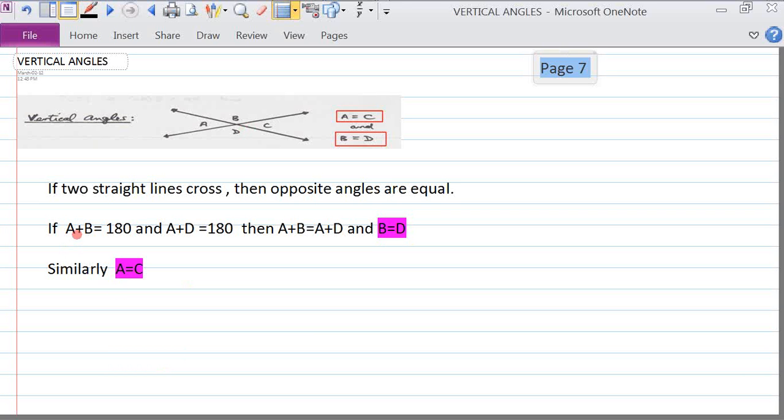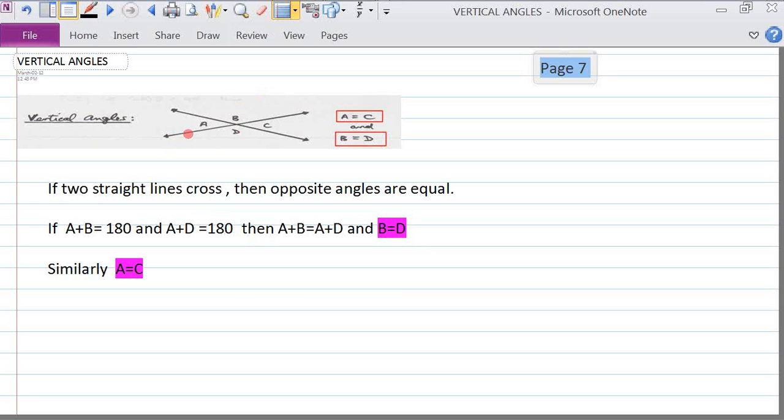And we know that A plus B equals 180, because it's a straight line, and A plus D equals 180. So if we make these 2 statements equivalent and cancel out the A, we get B equals D. So let's go over that.